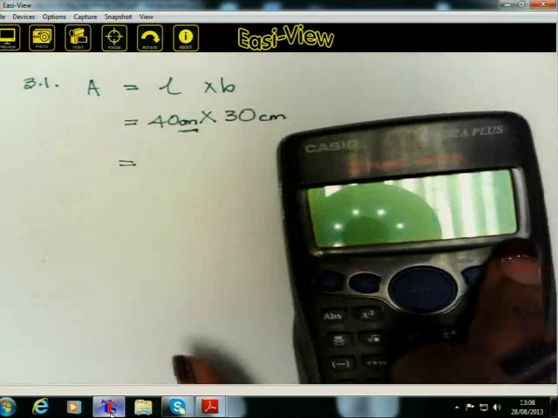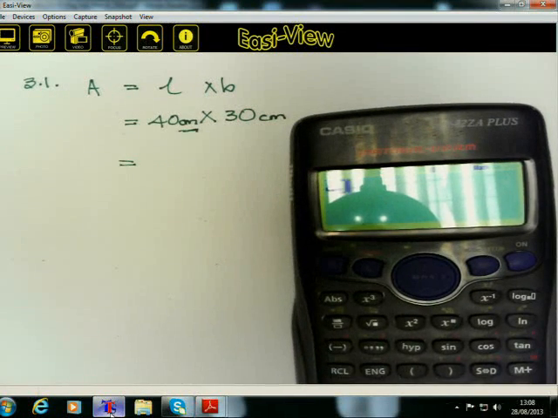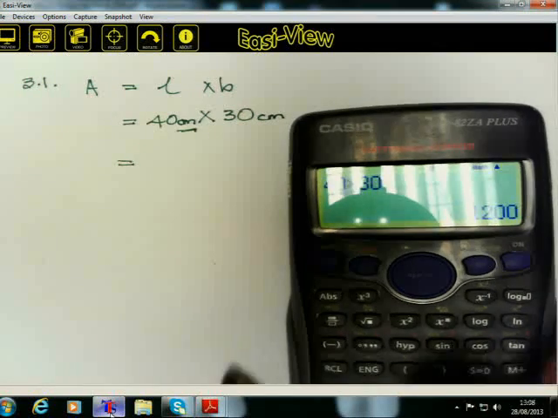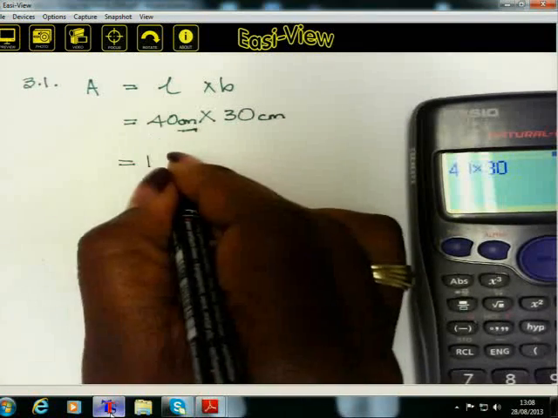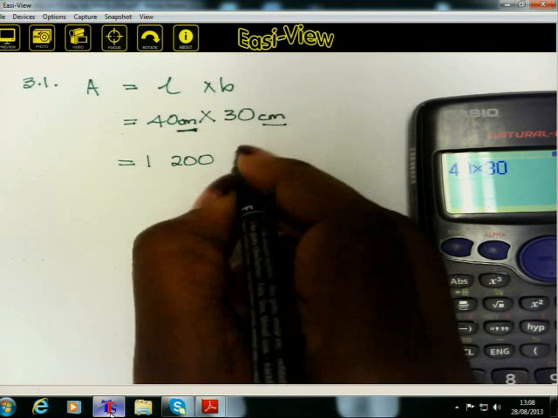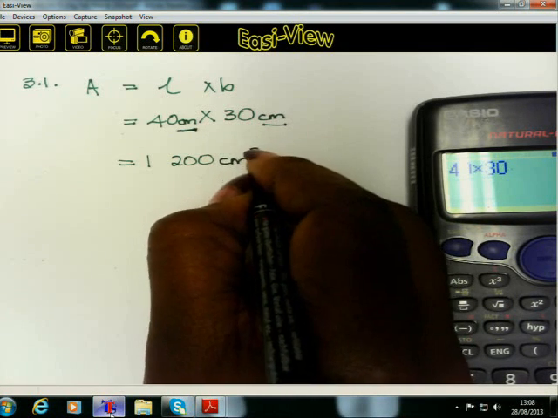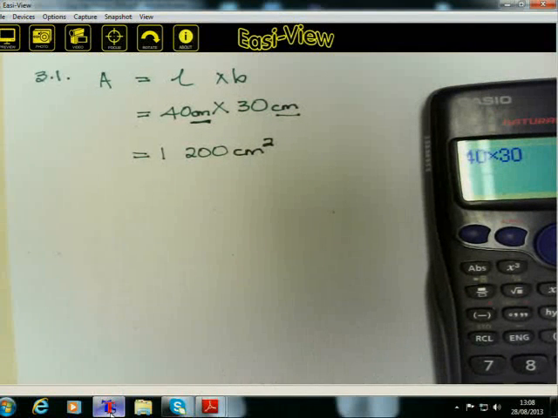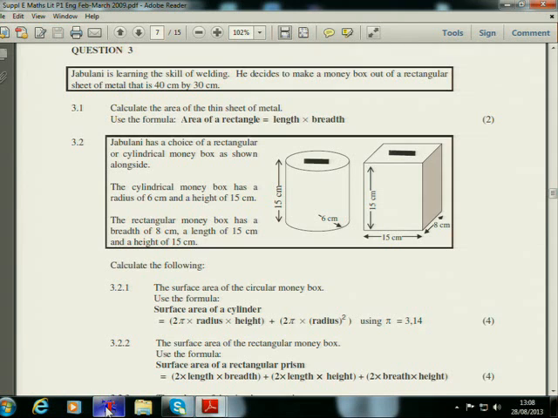Let us punch those in our calculators. 40 multiplied by 30 gives us 1,200. But now we have to multiply as well our centimeters, and it will be centimeters squared. So our answer there is 1,200 square centimeters. So the metal sheet is taking an area of 1,200 square centimeters.